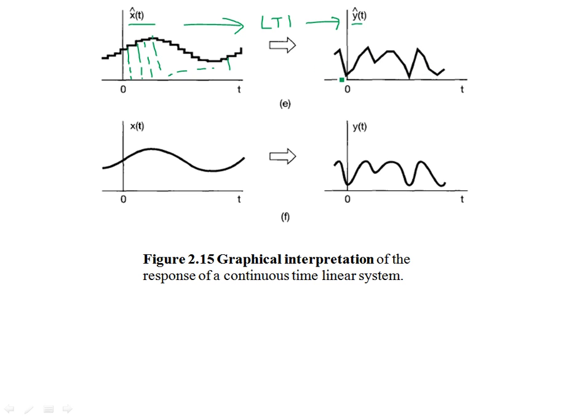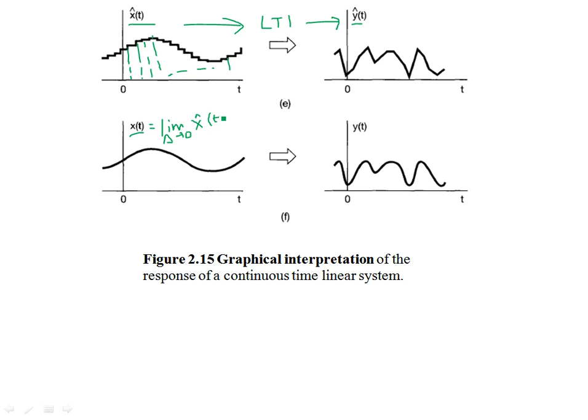This follows from the superposition, and x(t) is obtained as a limit, where delta approaches 0. As delta approaches 0, the approximation x hat of t becomes x(t).